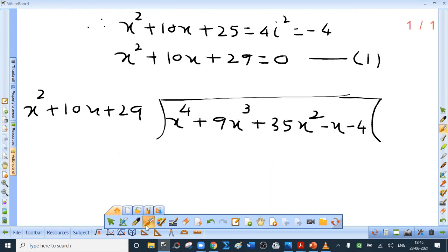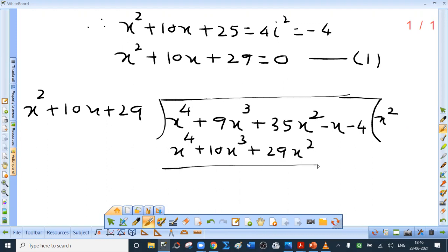Now, same working rule. The highest degree term x raised to 4 should be divided by x square here. So in the quotient, I will write x square. Okay. Multiply 3 terms in the divisor by x square. So x raised to 4 plus 10x cube plus 29x square. Subtract.